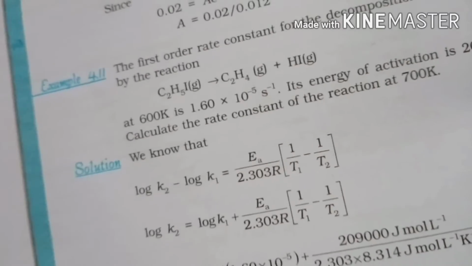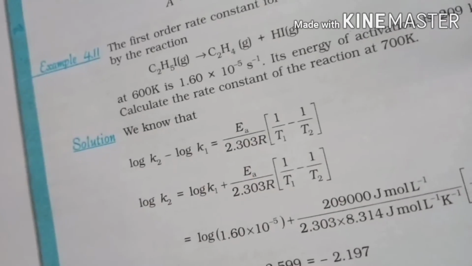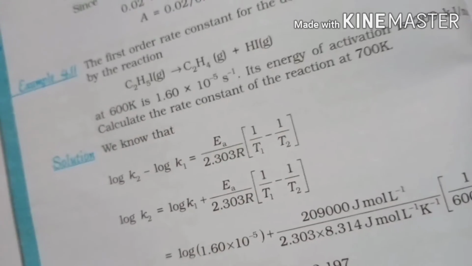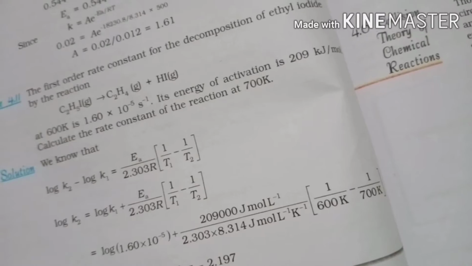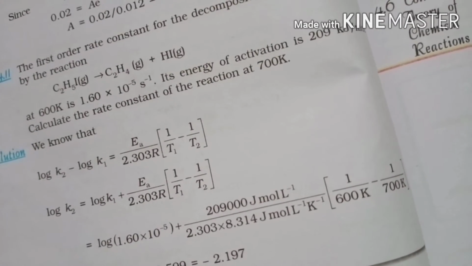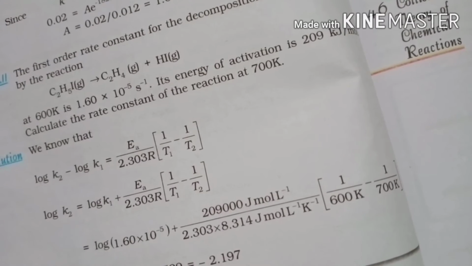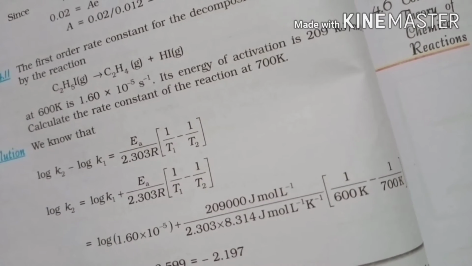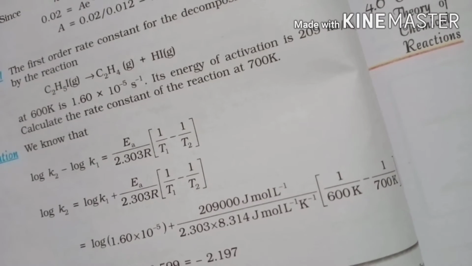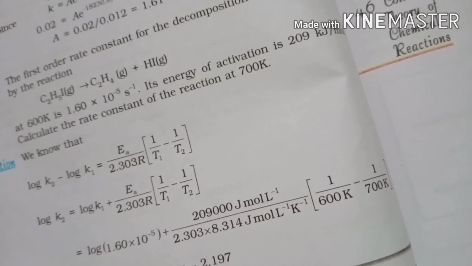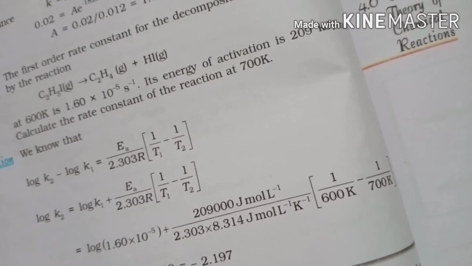Then log of K1, you can substitute 1.60 into 10 power minus 5, then plus EA value you can substitute as 209000 joules per mole, then 2.303 R, R value 8.314 joules per mole per Kelvin, 1 by 600 minus 1 by 700 Kelvin.